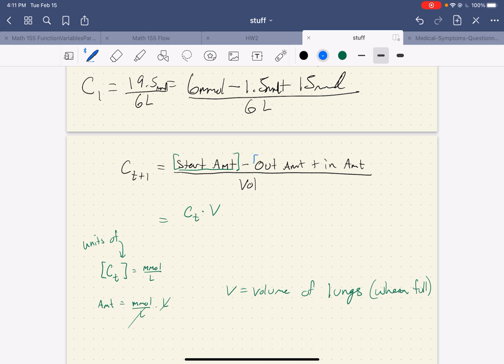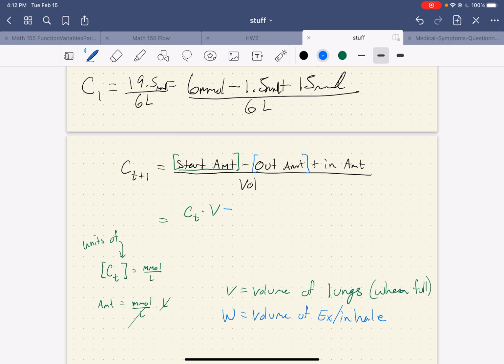All right, so that takes care of the amount of substance that I began with in my lungs. Now I need to figure out how much did I breathe out, the out amount. So minus, all right, so there's a new variable in town, W. This is the volume of exhale. When we exhale, we do not completely empty our lungs. This would actually cause a collapsed lung, which is very dangerous.